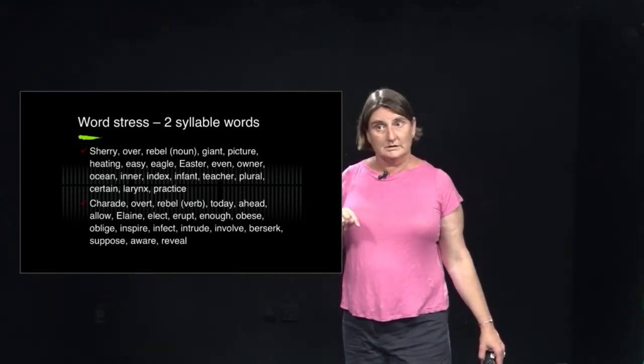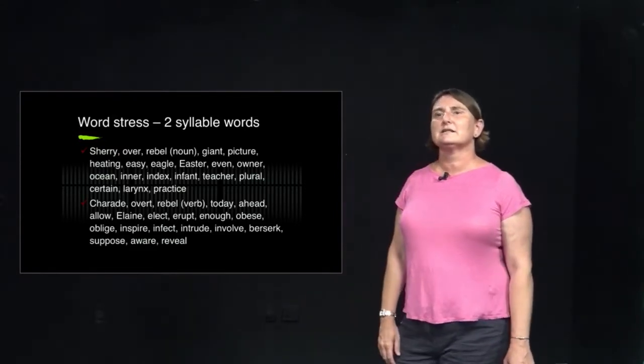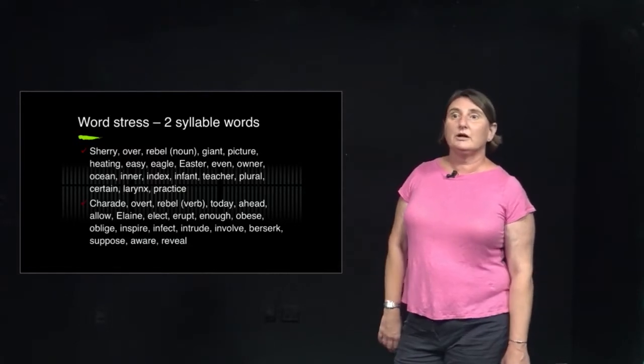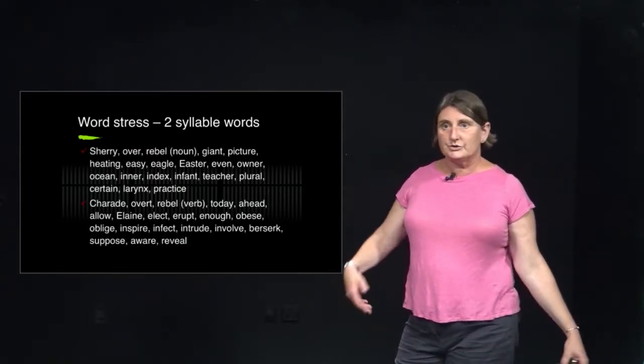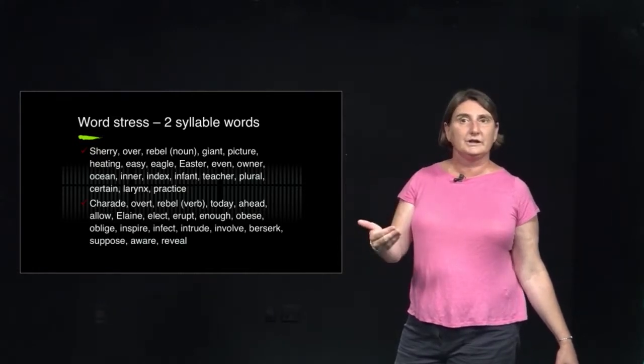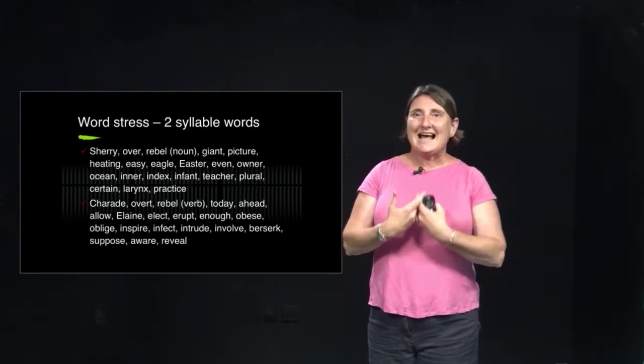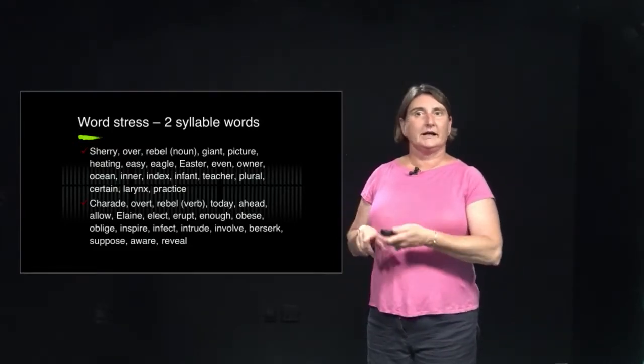Then the next ones are ba-ba. Charade, overt, rebel, today, ahead, allow, lane, elect, erupt, enough, obese, oblige, involve, berserk, suppose, aware, reveal. So really a different sound when the stress is on the second syllable.